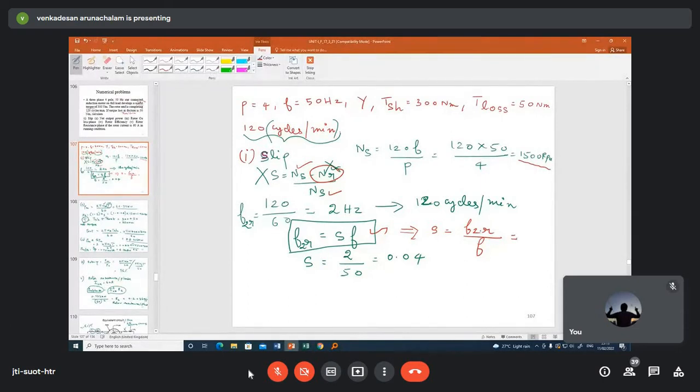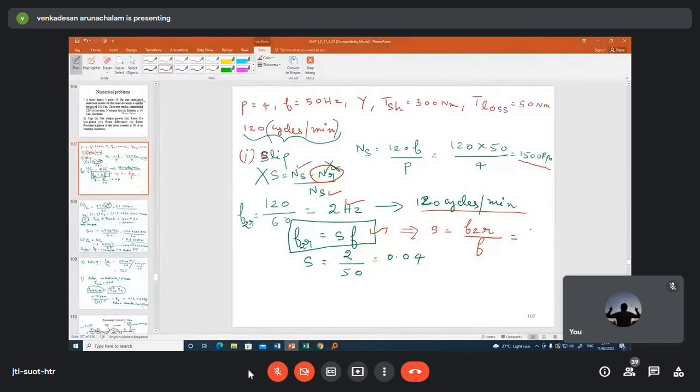So here rotor frequency they have given 120 cycles per minute. In order to convert this 120 cycles per minute in terms of hertz, you have to divide 120 by 60. So if you divide 120 by 60, you will get 2 hertz. So 120 cycles per minute, it is equivalent to 2 hertz.